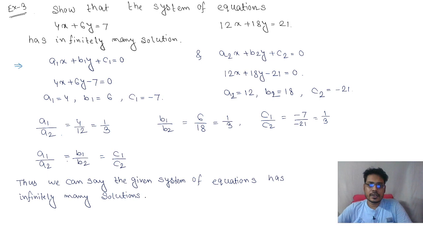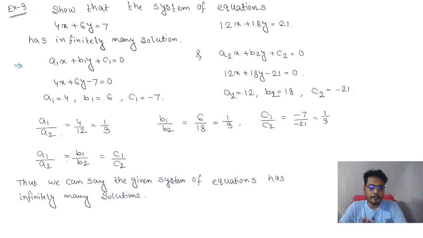Okay, so what is given? You have to show that the given system of equations, 4x plus 6y is 7, 12x plus 18y is equal to 21, has infinitely many solutions. You have to show that. First, you have to write in this form: a1x plus b1y plus c1 is equal to 0, and a2x plus b2y plus c2 is equal to 0. So just convert this way: 4x plus 6y minus 7 is 0, 12x plus 18y minus 21 is 0.